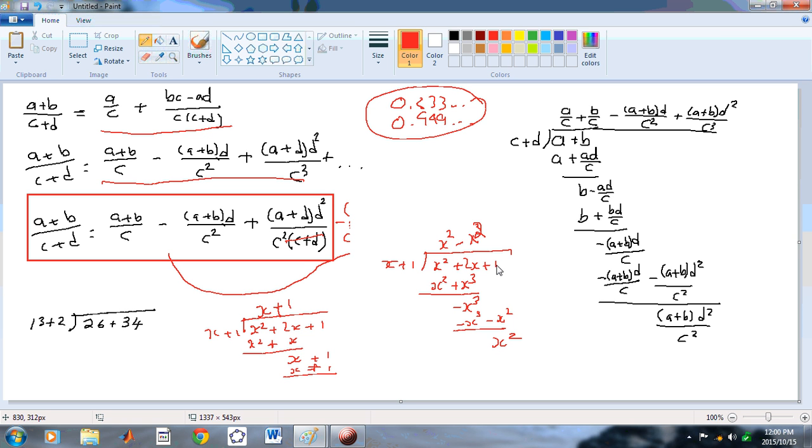And you could have also reversed the sense of this. You could have, instead of said 1 being divided into x squared, you could have said 1 divided into 1. So let's just look at that way. Okay, let's do it that way now. Get rid of this. Okay, so 1 goes into 1 once, and then we could have said that's x plus 1, and we must subtract these from like terms, okay?